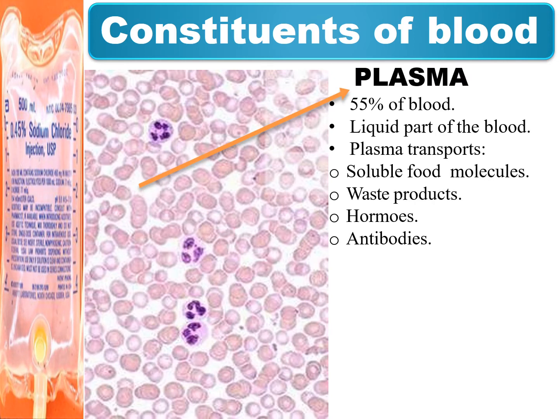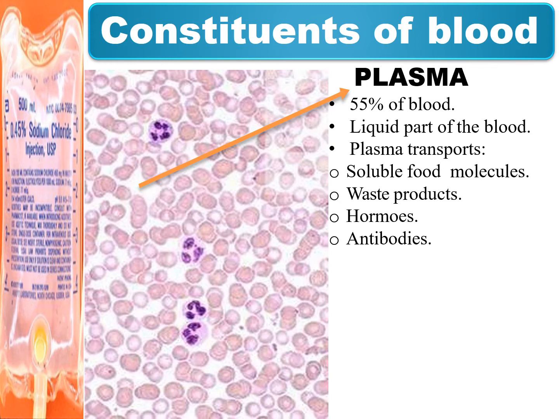We have already seen the definition, and here I am discussing some features of the plasma. It constitutes 55% of the blood. It is the liquid part of the blood, and the main function of the plasma is transportation. Plasma transports soluble food molecules, waste products, hormones and antibodies.